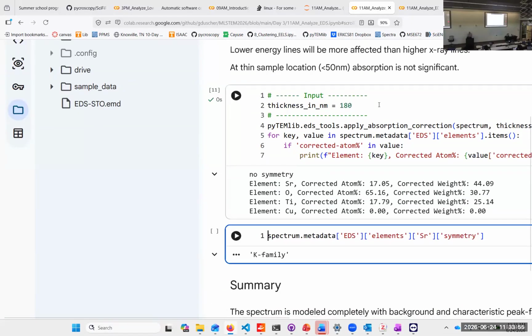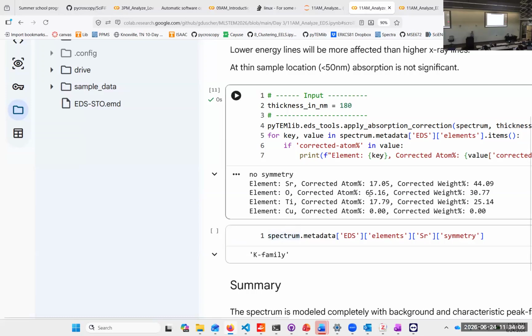And then we see what the correction is. And you see it's exactly happening what I said. So the oxygen signal would be corrected upwards, and the higher lying one would be corrected down.